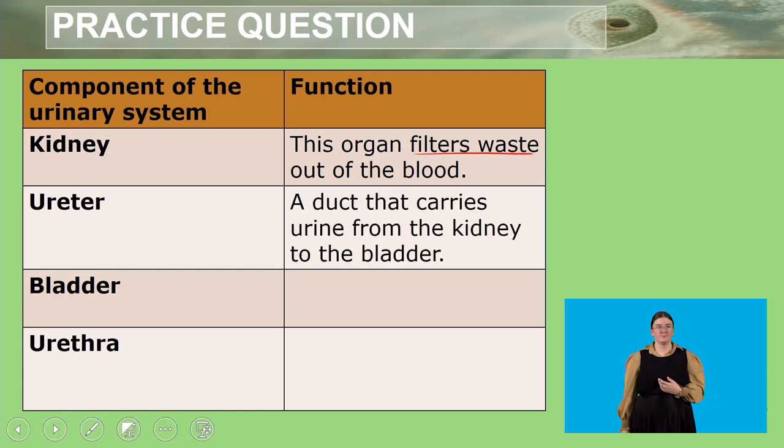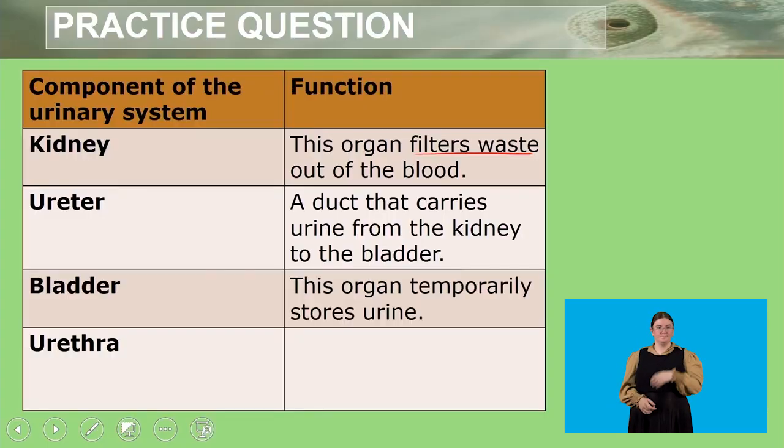And then we have the second component, which is the ureter. This is a duct that carries urine from the kidney to the bladder. You know that the ureter is connected to each of the kidneys and leads to the bladder.